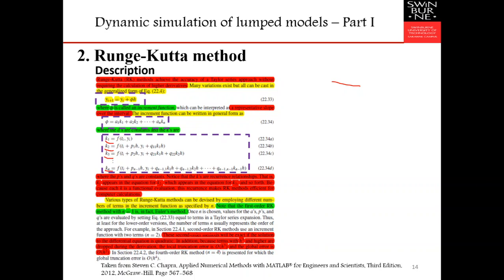For the second order Runge-Kutta method, the error is of the order of step size raised to 3. For the fourth order Runge-Kutta method, the error will be on the order of the step size raised to 4. So that means you don't need to use a very low step size as in the Euler method.